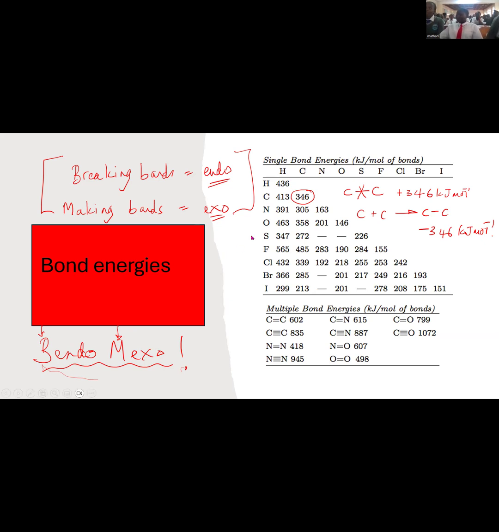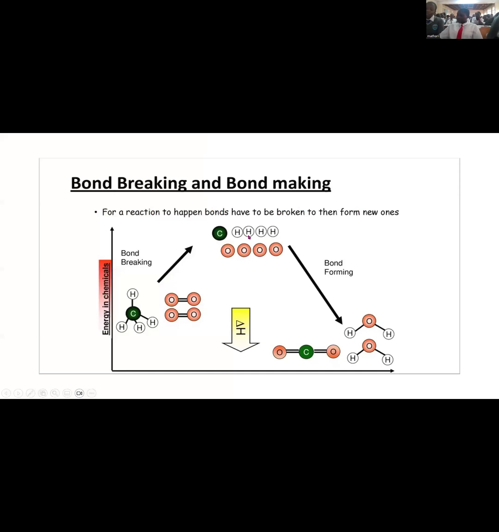Okay, so here we go. So this is what happens in a chemical reaction. This is methane burning. And energy goes up the side and along the bottom is the progress of the reaction. So here's methane, here's oxygen, and it turns into carbon dioxide and two waters. But on the way, it had to break into separate atoms. They look like they're joined.